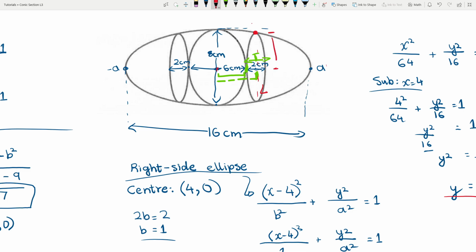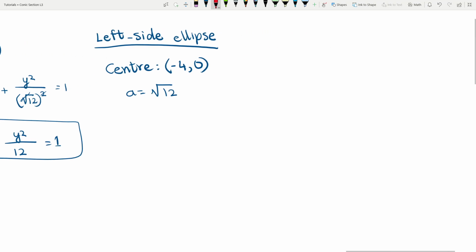Since this is a symmetrical shape, this should also be square root of 12. So this is true, and then b is 1.